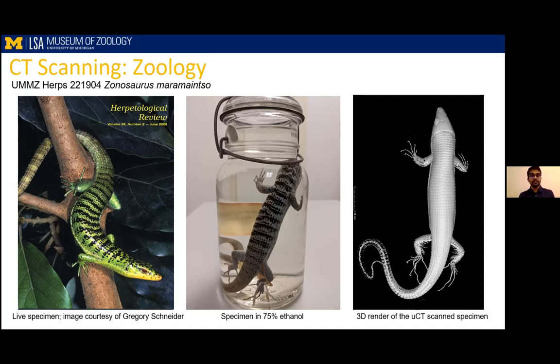Then the specimen would have been collected. It's now preserved at the University of Michigan Museum of Zoology for future generations to use in their studies. You can look at things like its scales and whatnot just by looking at the specimen. But by CT scanning it, we can then look further, quite literally, into the specimen. We can look at its skeletal structure and morphology.